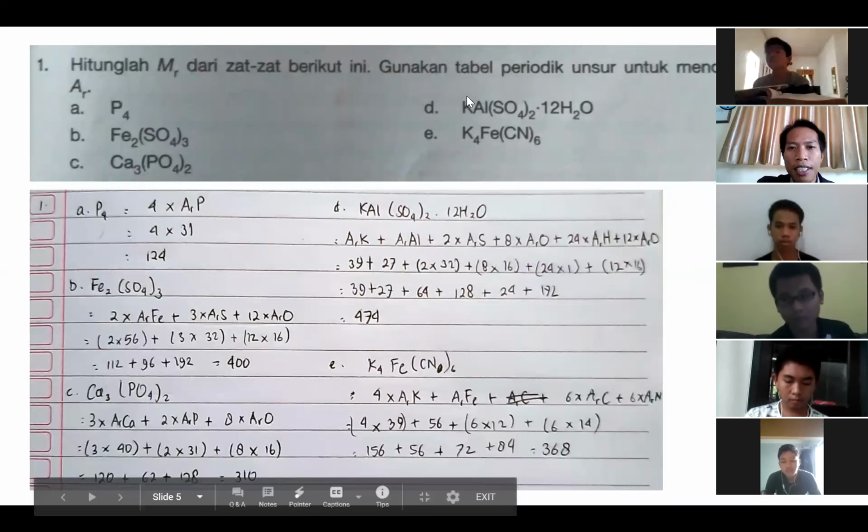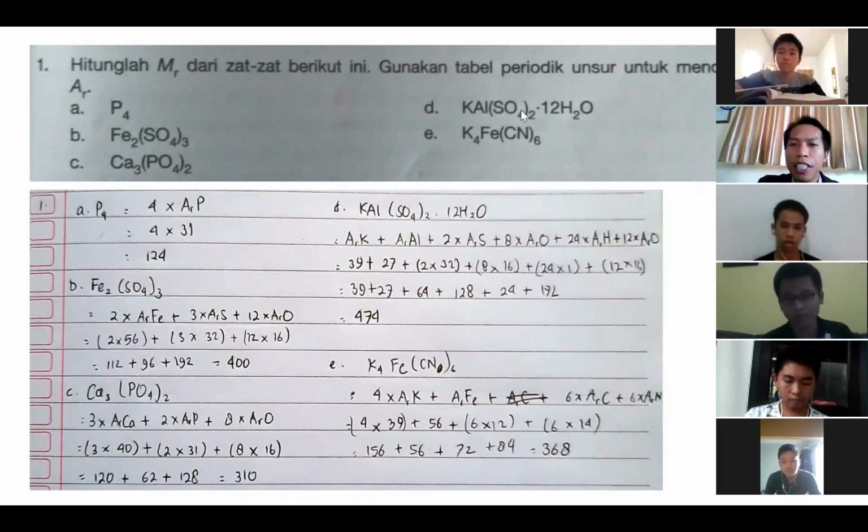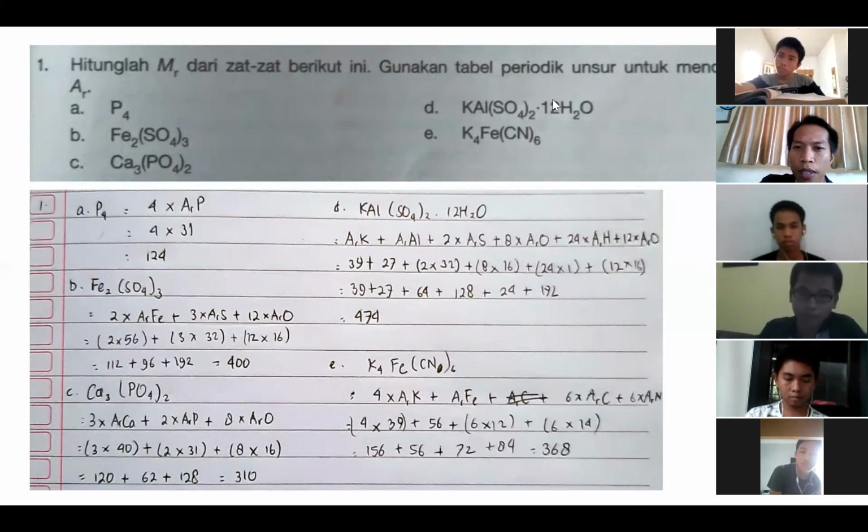Now D is a little bit different. K is 1, so 1 times the relative atomic mass of K. Aluminum is also 1. Sulfur is 2. Oxygen is 2 times 4, which is 8, so 8 times the relative atomic mass of oxygen. Now, if we have a dot here, it means it is a hydrate, and we have a number in front of the hydrate. The hydrate is H2O, which is water.